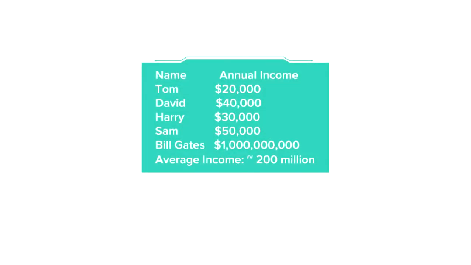Just like in our example, Bill Gates is indeed rich and his wealth is not wrongly recorded to be in billions, but including him in the analysis would give wrong results about others, and hence we are better off without including him in our analysis.